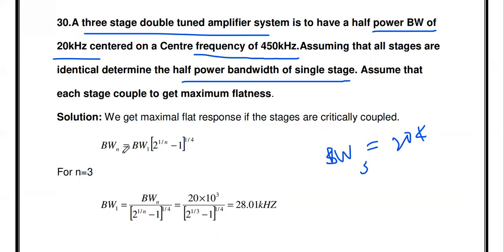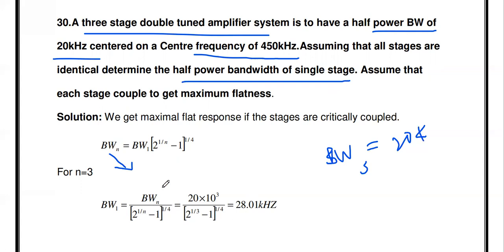You know the formula BWn equal to BW1 into 2 to the power 1 by n minus 1 to the power 1 by 4. From the given BWn, we have to find BW1. So rearranging, BW1 equal to BWn divided by 2 to the power 1 by n minus 1 to the power 1 by 4.